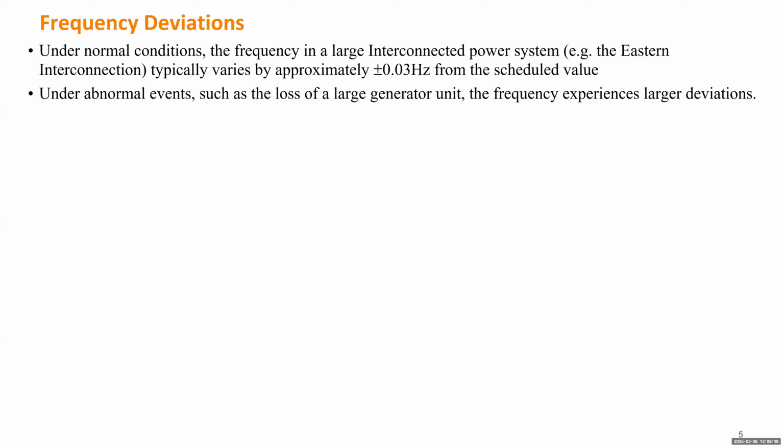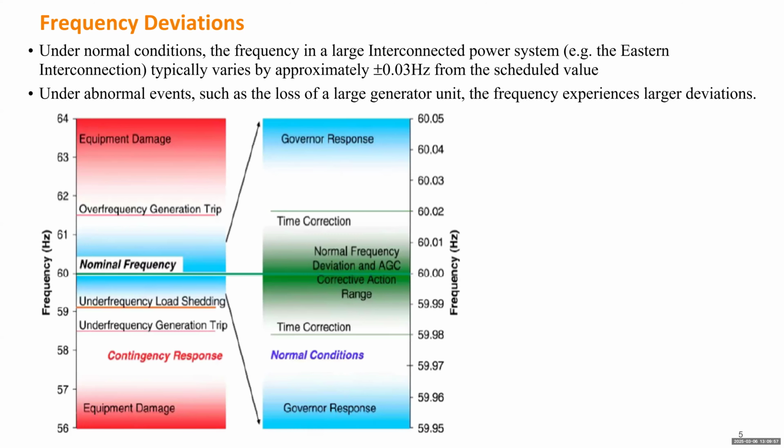And there are abnormal events, such as the loss of a large generator unit. The frequency can have very large deviation. This figure is from the April tutorial. The first chart covers a much wider range, from 56 hertz to 64 hertz, using color to indicate abnormal versus normal condition. Normal condition, rigorously speaking, is just the green line.